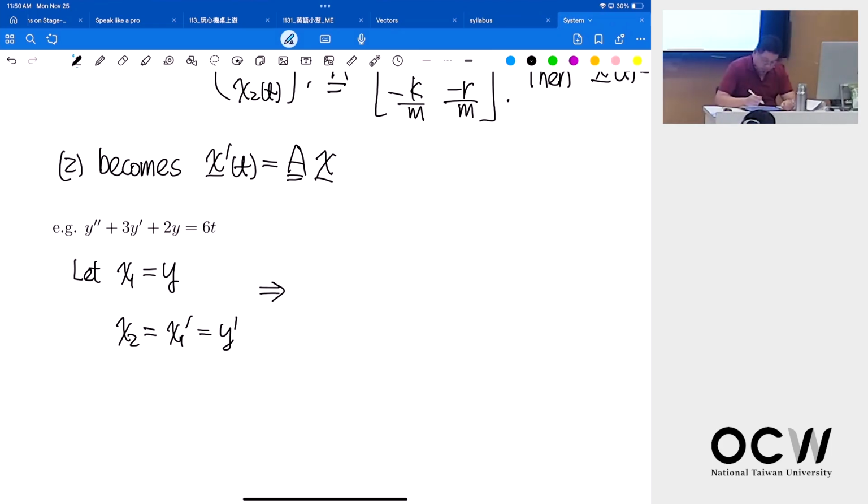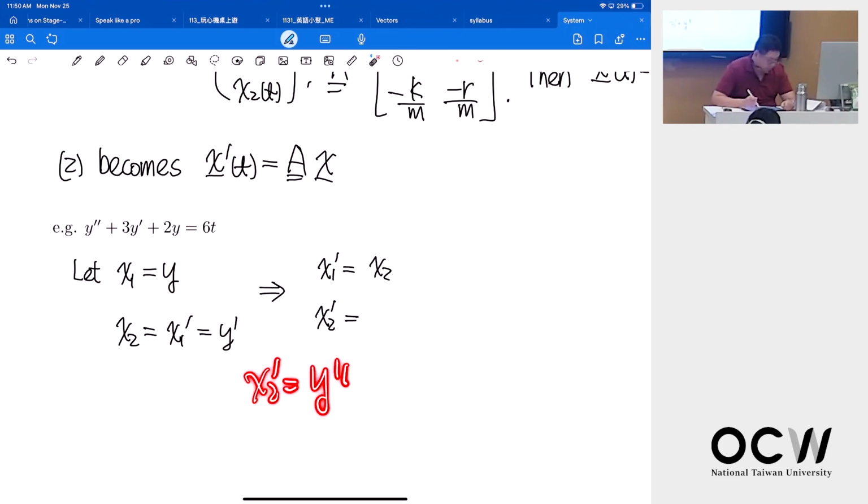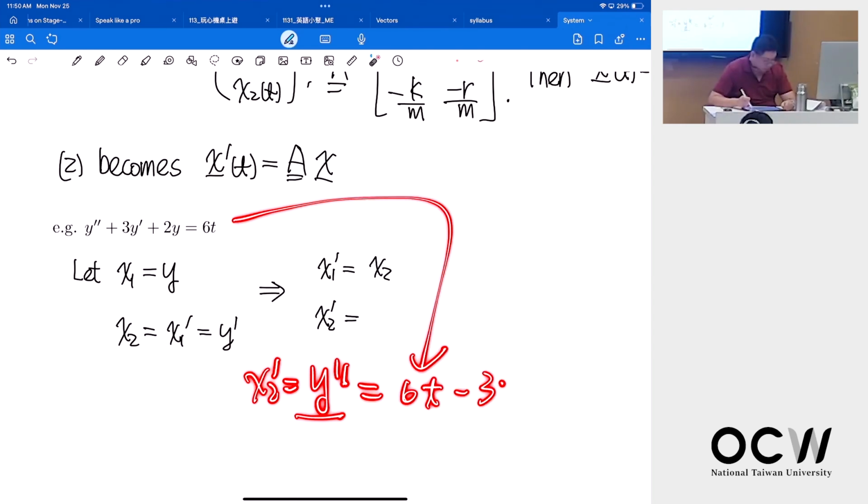So once I have x1 and x2, we know x1 prime equals x2. And x2 prime will be y double prime, right? And y double prime will be 6t minus 3y prime minus 2y.